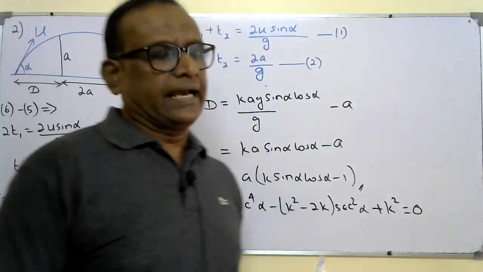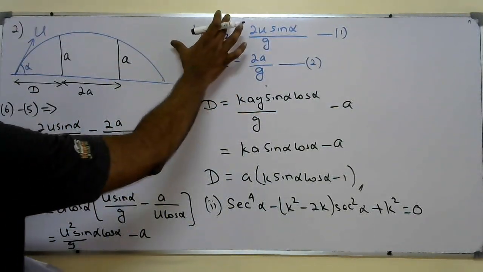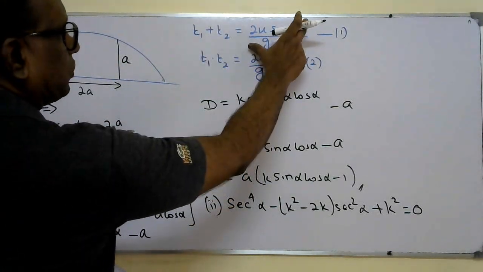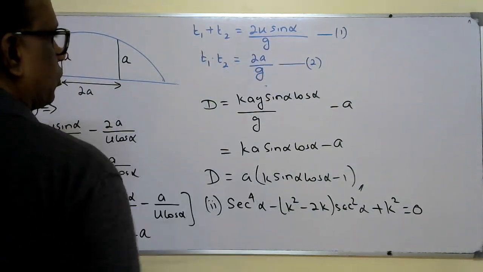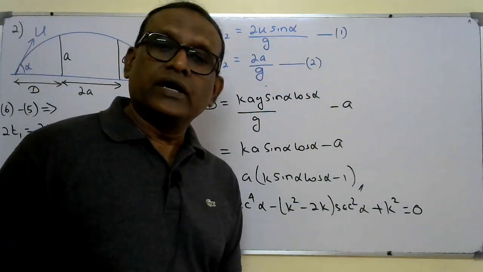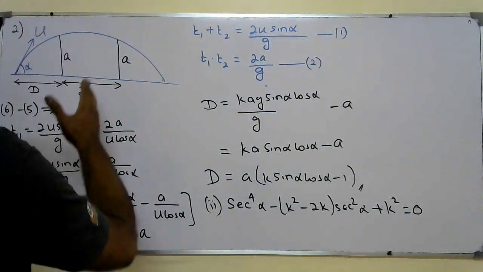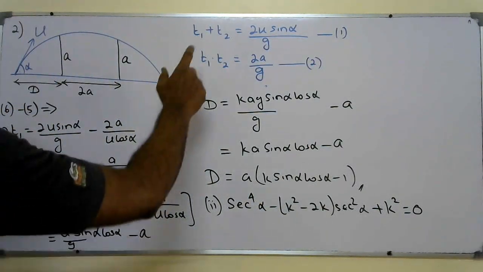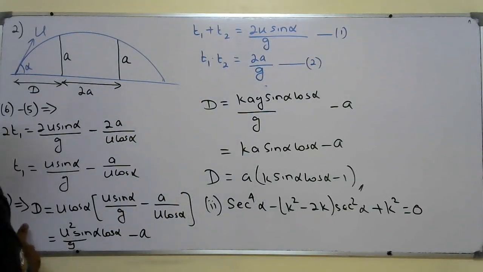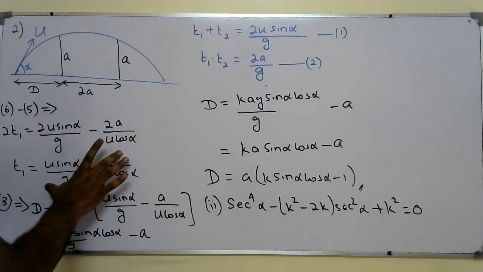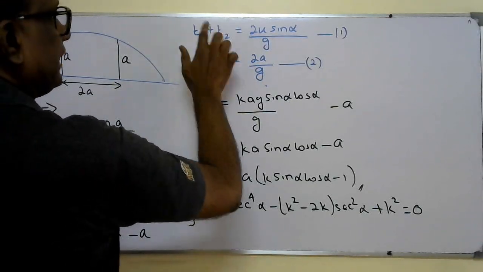Okay, so what to do for that? We'll use these equations: t1 plus t2 we know, t1 t2 we know, so we'll find t2 minus t1. Because t2 is the time taken to reach the second wall, we'll try to find t2 also. We got the t1 here, substitute here and find the t2.